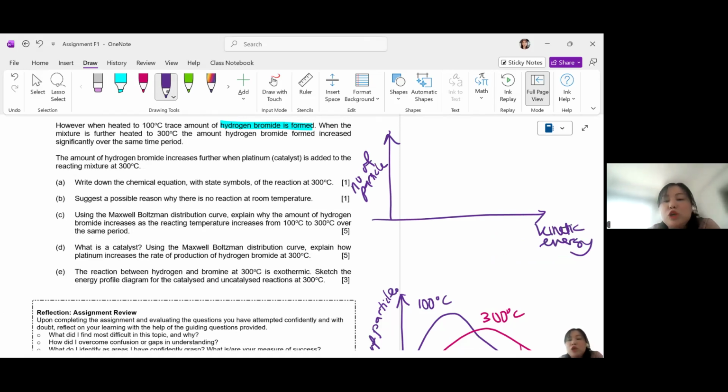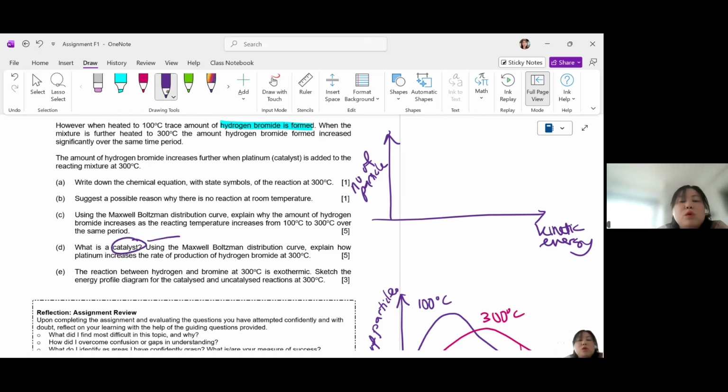Now, for temperature, there'll be two graphs, right? Because they're representing 100 and 300 degrees. But for catalyst addition, it's just one similar graph, but with the activation energy shifted.